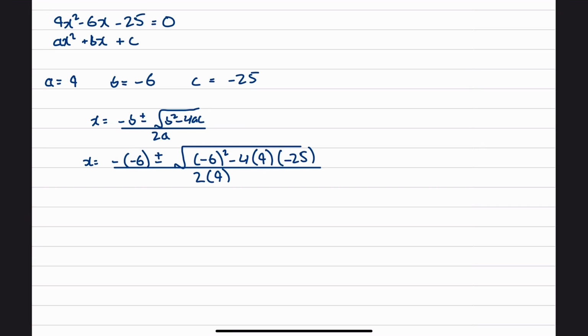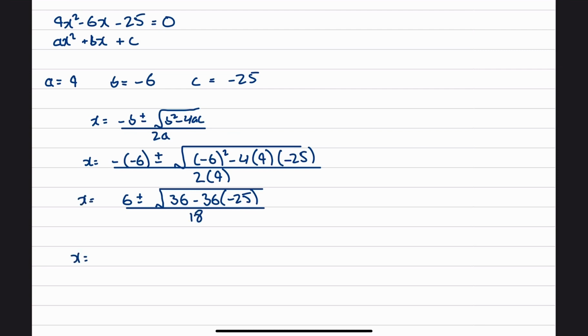So now simplifying this, minus minus 6 is just positive 6, plus minus, and inside the square root, minus 6 whole squared is 36, minus 4 times 9 times minus 25 over 2 times 9, which is 18.